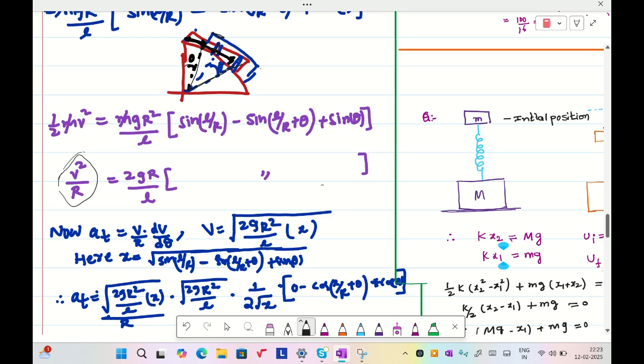Actually at is equal to r alpha, that is r into alpha, where alpha is d omega by dt. Again omega is equal to v by r. So directly at is equal to alpha, d omega by dt, and I can write it as v by r into dv by d theta.